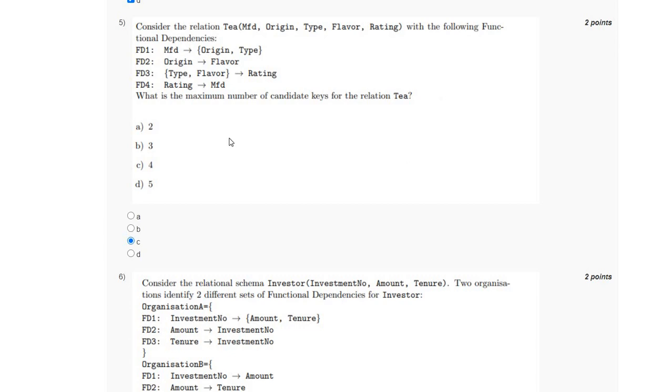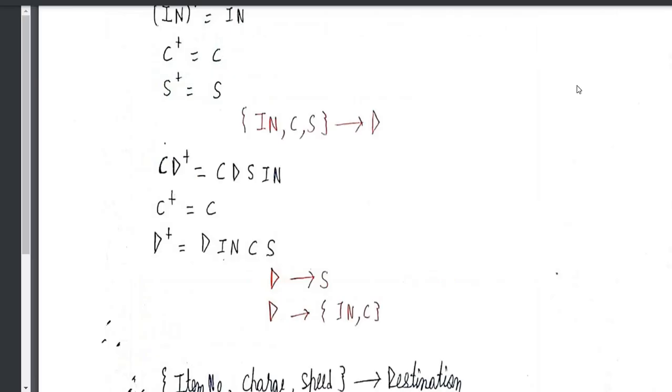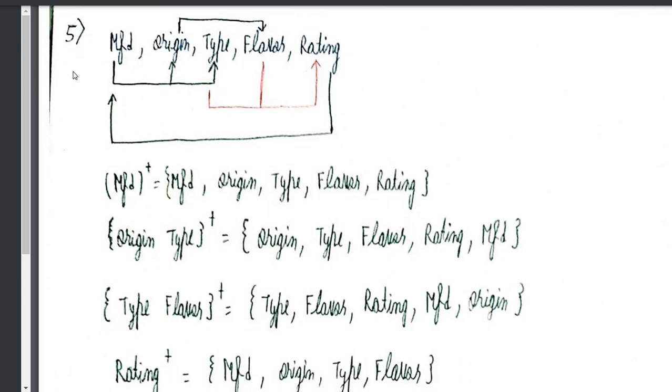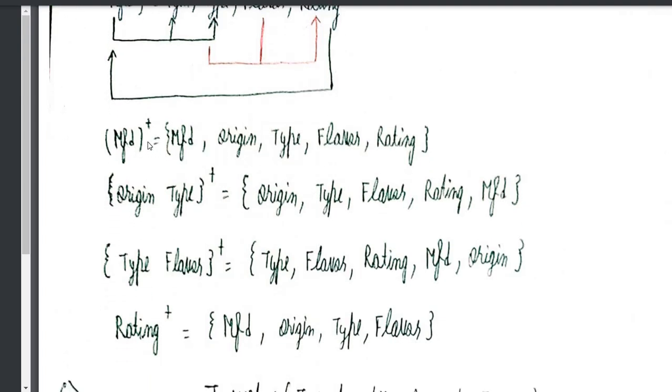For question number 5, we have been given the relation T, which has the following attributes: MFT, origin, type, flavor, and rating, and we have been given the following functional dependencies, and we have to find the maximum number of candidate keys for the relation T. I've written the functional dependencies in one line, like MFT determines origin and type, and similarly for the other functional dependencies, and found the closures: MFT plus, origin type closure, type flavor closure, and rating closure. All of these can identify the whole set of attributes.